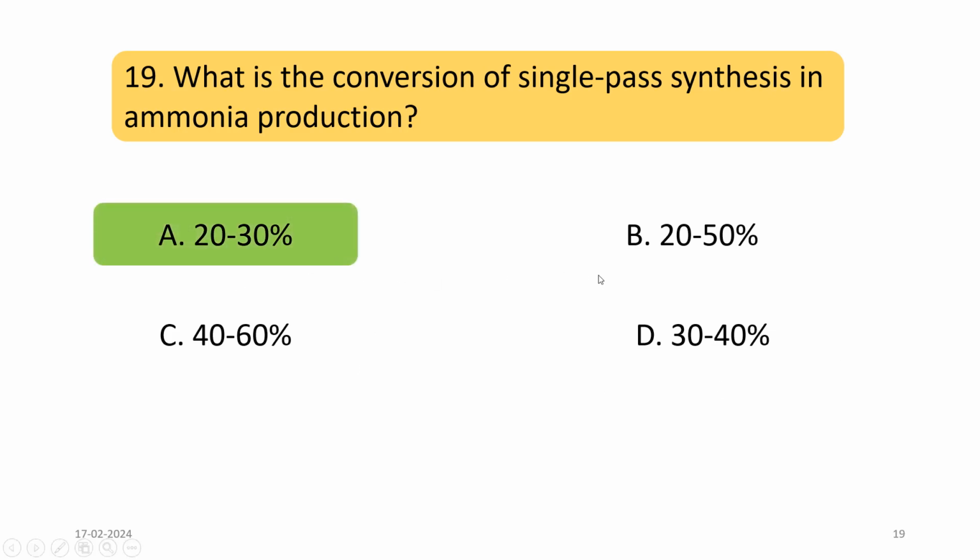The answer is 20 to 30%. In single pass synthesis, the ammonia production is 20 to 30%.